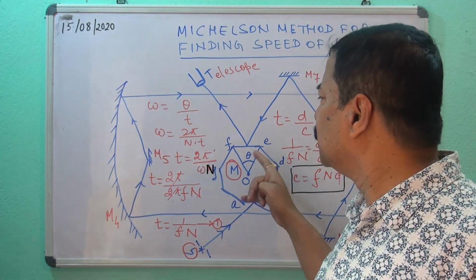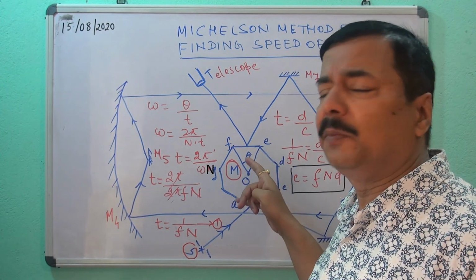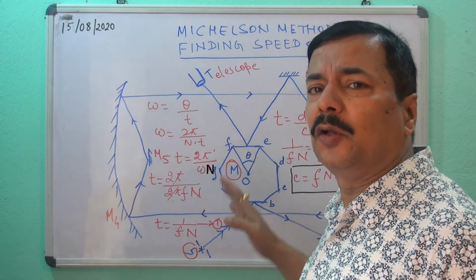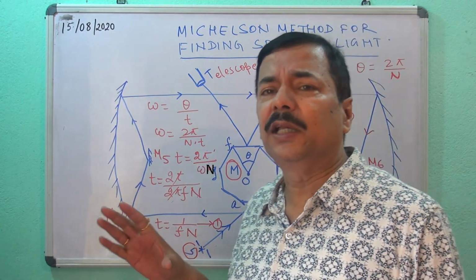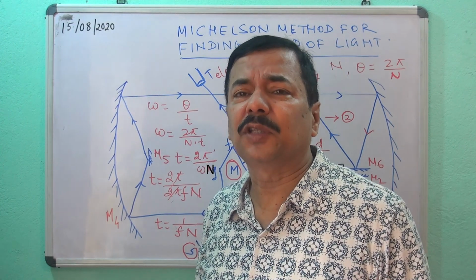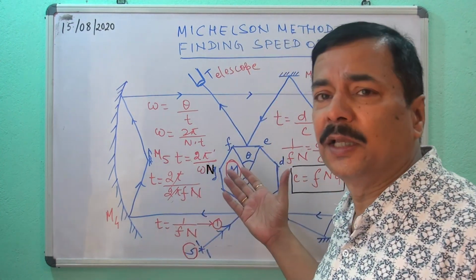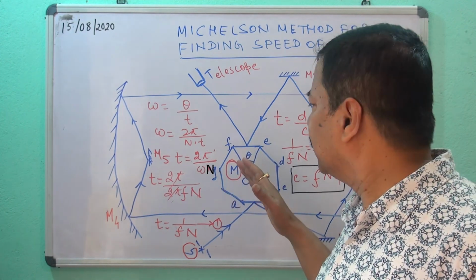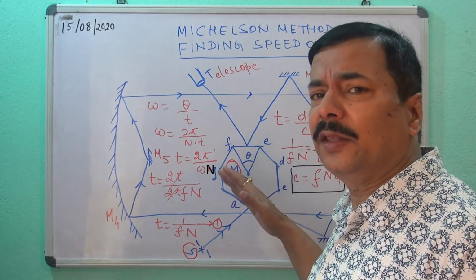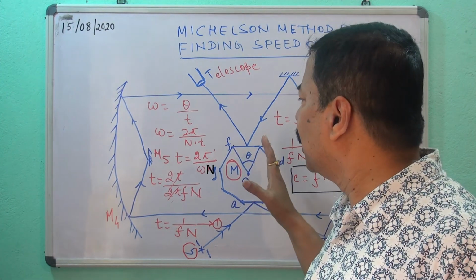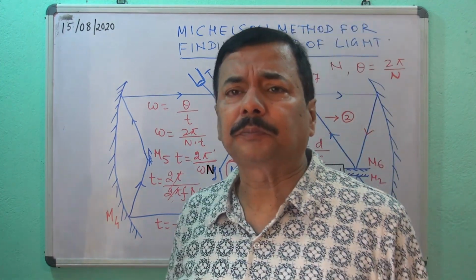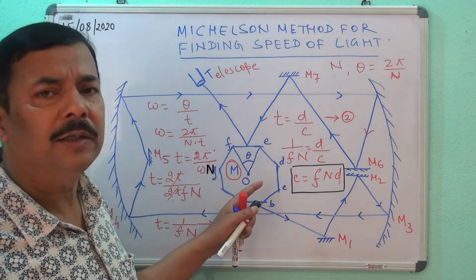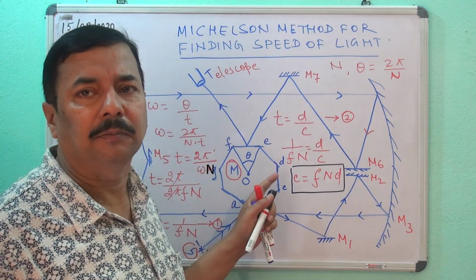You cannot use fewer than 8 sides, because if you use a polygon mirror with fewer than 8 sides, you have to increase the angular speed of rotation to such an extent that the mirror breaks. So the minimum is an 8-sided mirror, and it depends on the situation how we calculate. This way we are able to find the speed of light using Michelson's method.